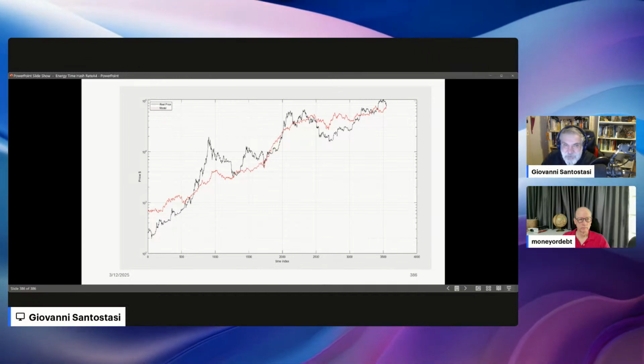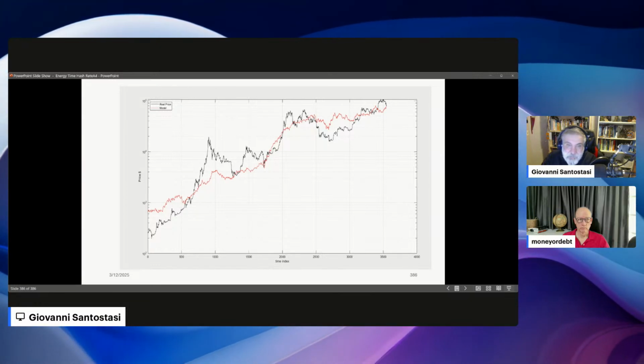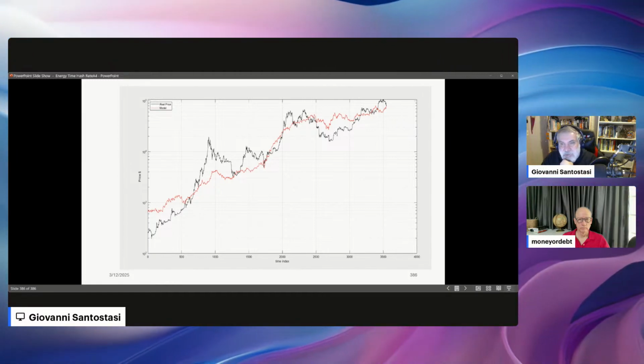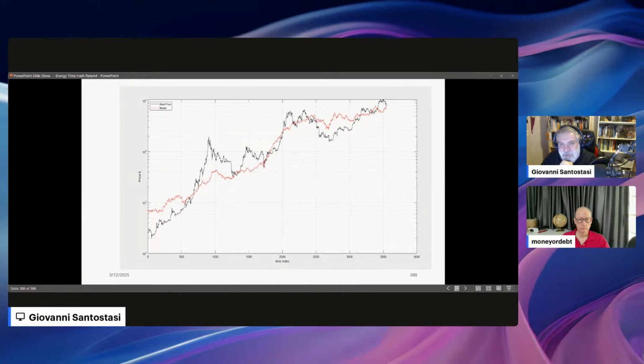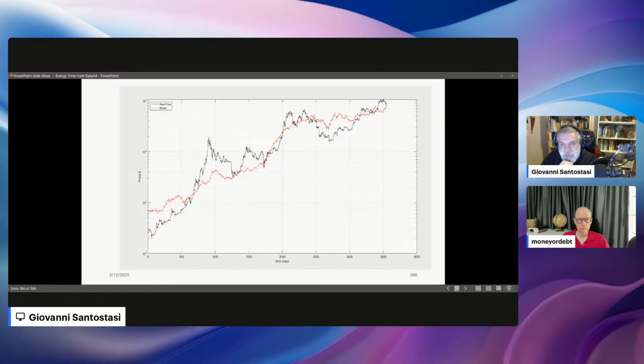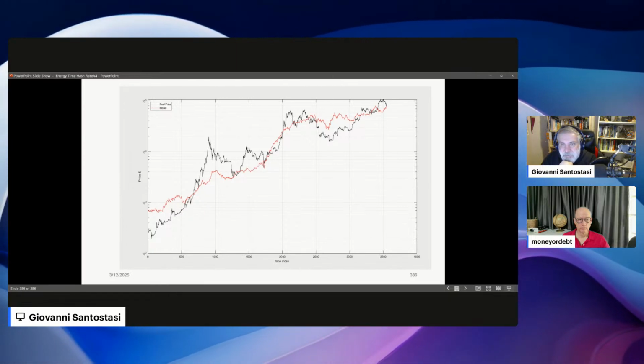So that is one of my interpretations of what is going on right now with this model. I think it's a relatively good model. In general, it says that as long as liquidity continues to grow worldwide, Bitcoin reacts to it and continues to go up.